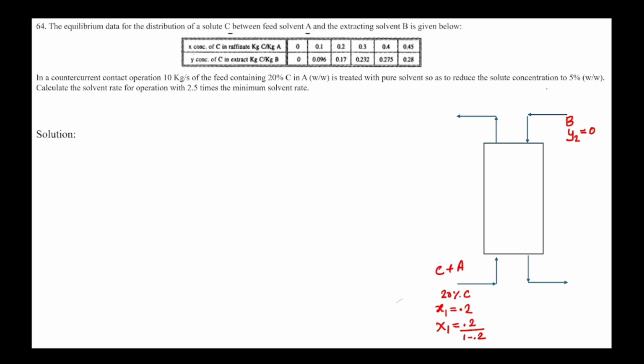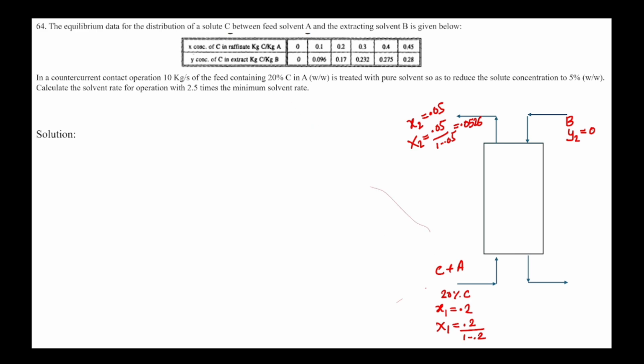To reduce the concentration to 5%, x2 is equal to 0.05 and capital X2 is 0.05 divided by (1 minus 0.05), 0.0526. Calculate the solvent rate for the operation with 2.5 times the minimum solvent rate.